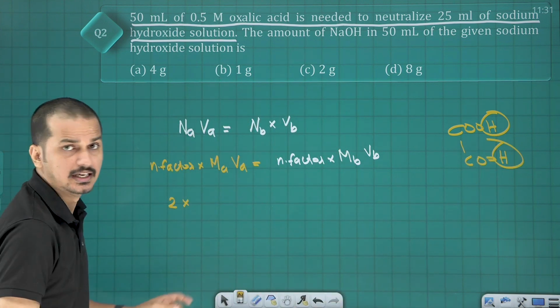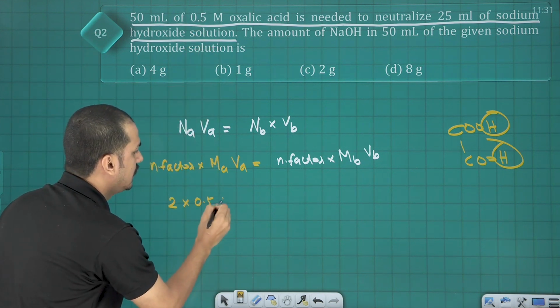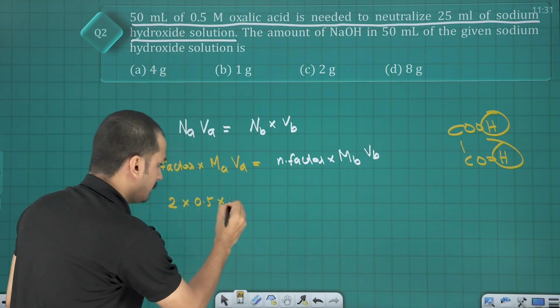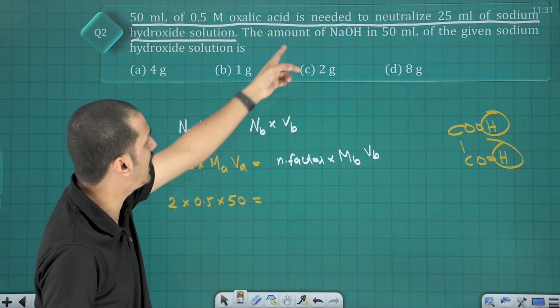2 into its molarity, 0.5 molar, into its volume, 50 ml, is equal to n factor of NaOH.